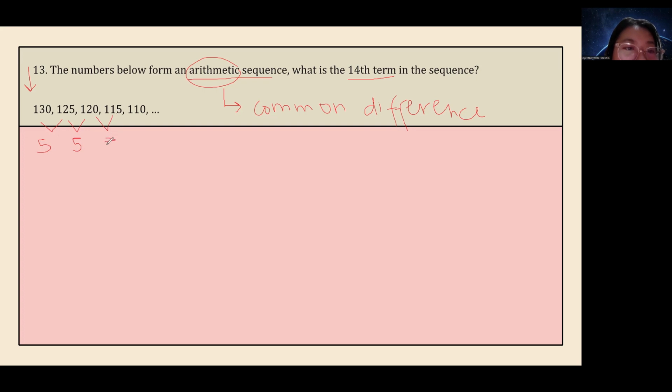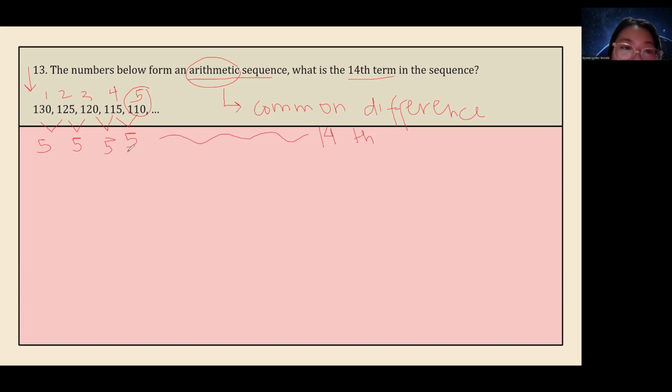And this is also 5. And this is also 5. So how many terms do we already have? We have 1, 2, 3, 4, 5. Now, let's start from the fifth term, and we want to get to the 14th term. Okay?